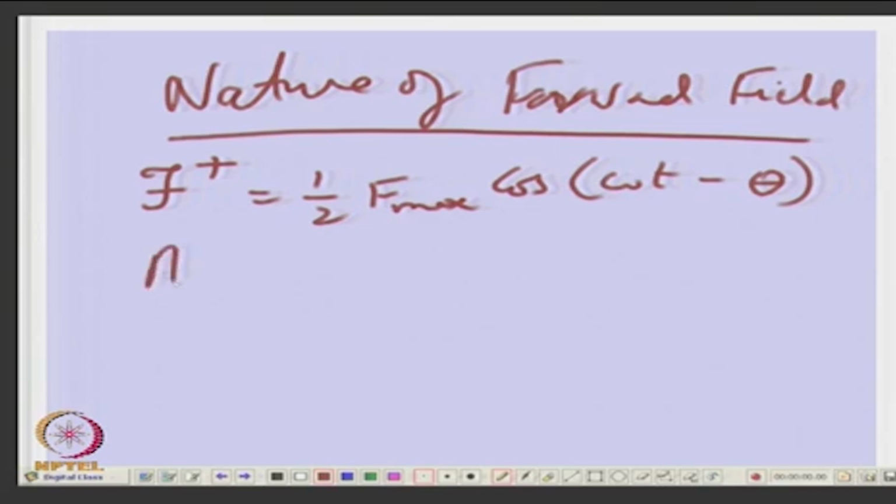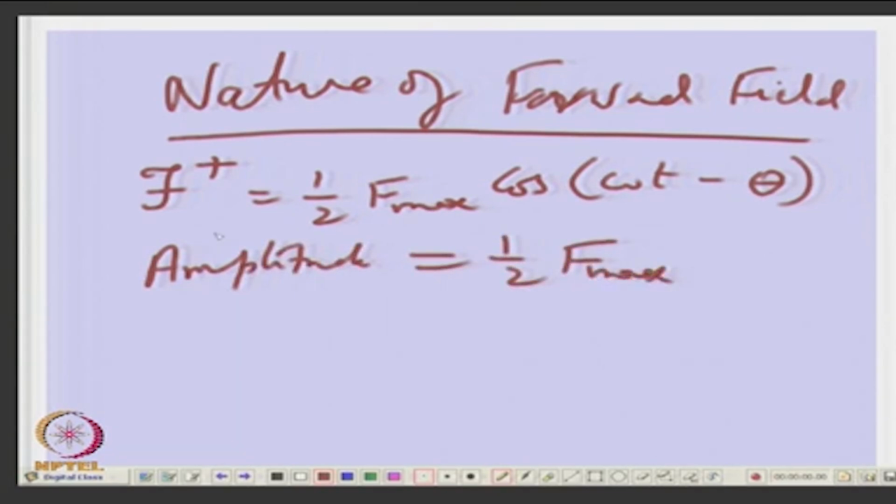So, its amplitude is equal to half F max, right. That means I now have one magnet which will always give an MMF of half F max on its axis.